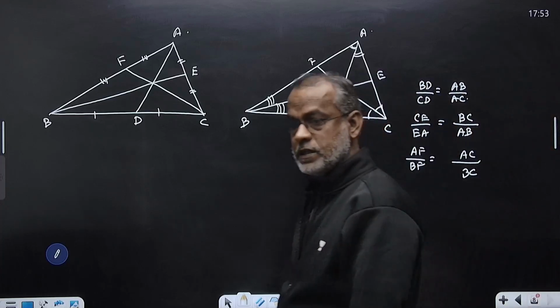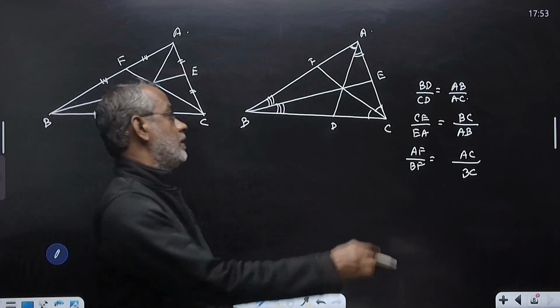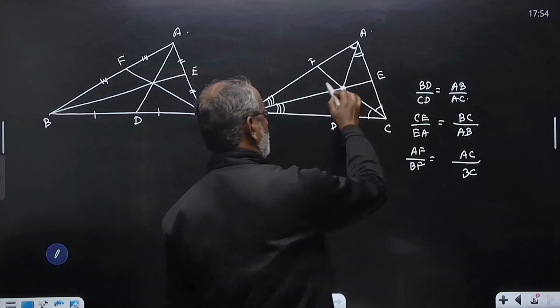Multiplied, you get it as 1. So, hence they are concurrent. Angle bisectors are concurrent.